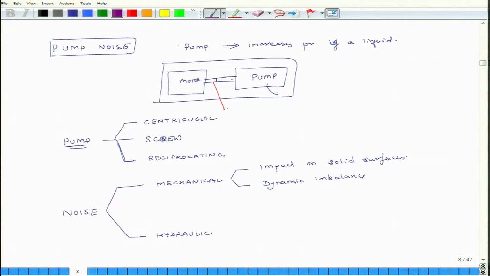So, it depends on which shaft is imbalanced, and because of that imbalance also there could be a lot of noise. Typically this would be tonal, I would expect, and this impact would be some sort of a broadband noise.